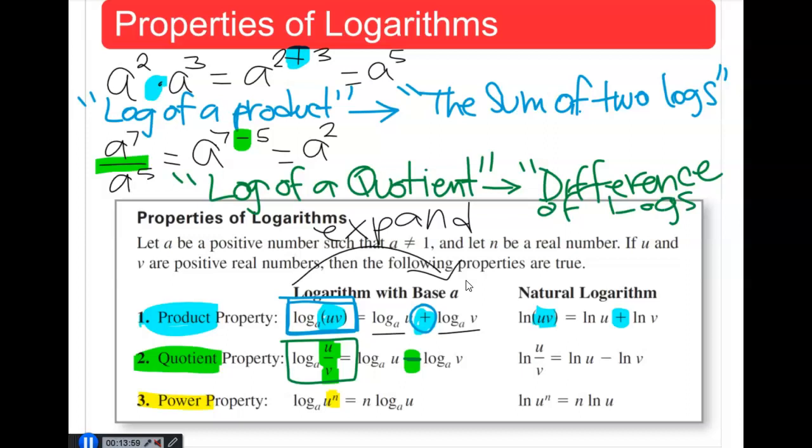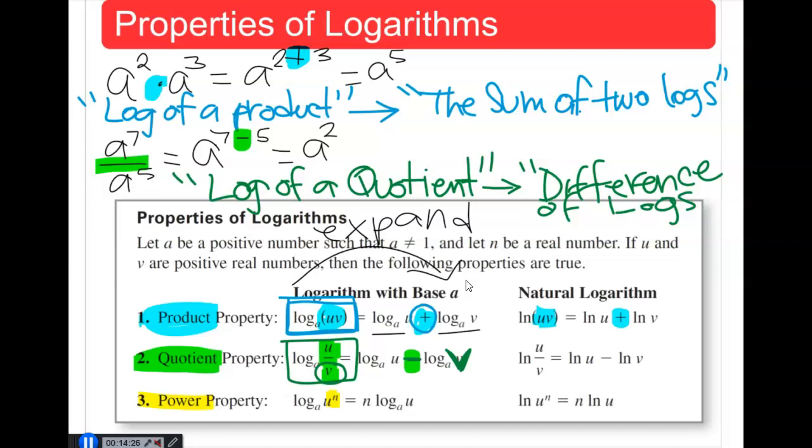So whichever argument is in the denominator, that's the one that will have the negative sign in front of the log. And whatever is on the numerator will be at the front, or will have a positive sign in front of it. If it's at the front and it doesn't have a sign, then you assume it's a positive sign.